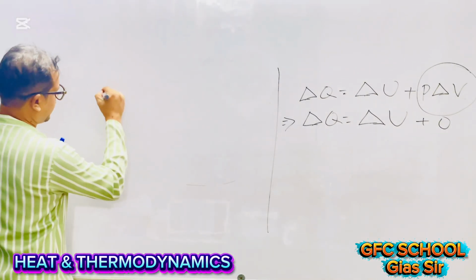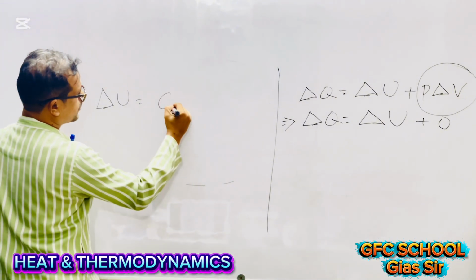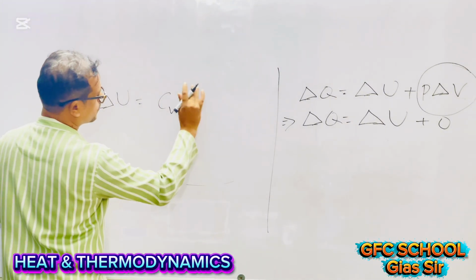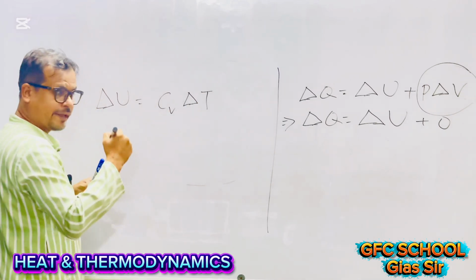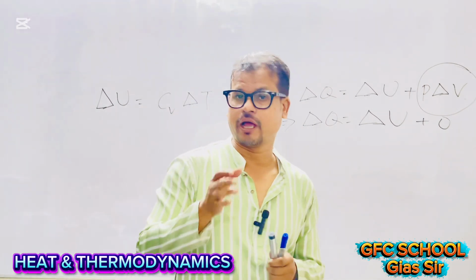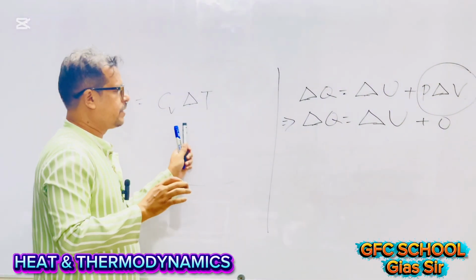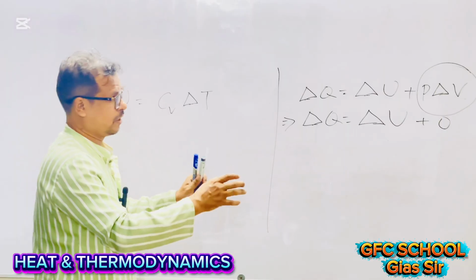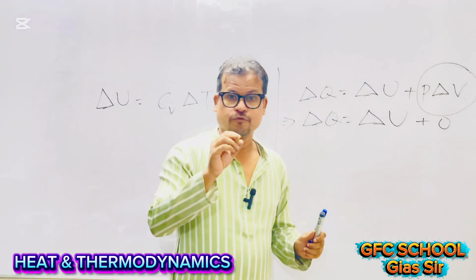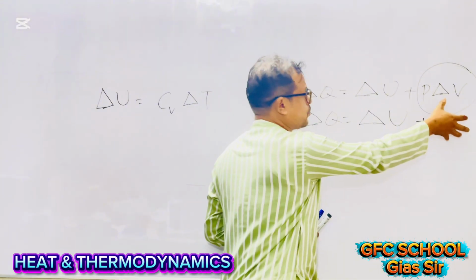So we could say del U equal to Cv del T. Just now I've written del Q equal to Cv del T, and since volume here is constant, W equal to 0.